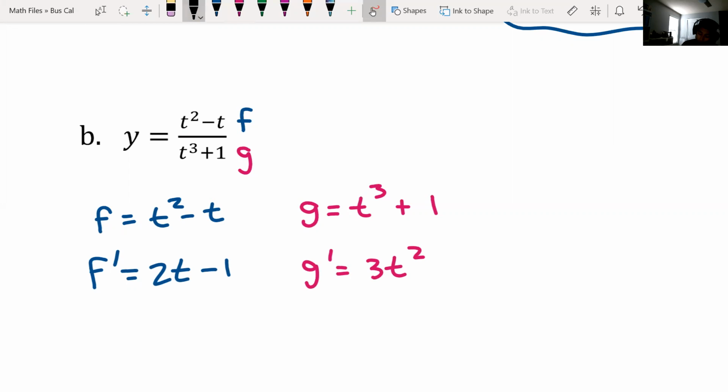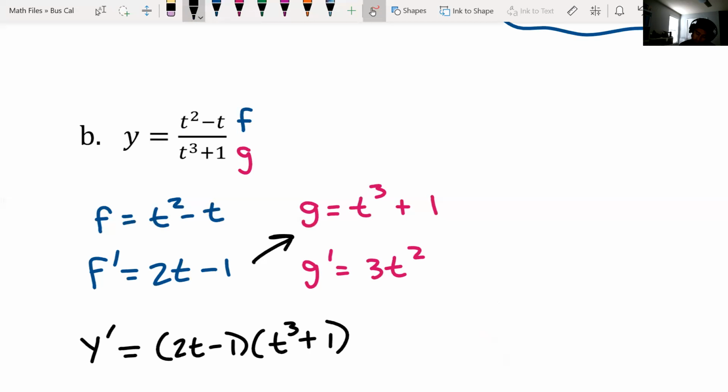We're taking the derivative of y, so I'll start with y prime and just follow your quotient rule formula. F prime g: (2t minus 1) times (t cubed plus 1) minus g prime f: 3t squared times (t squared minus t).